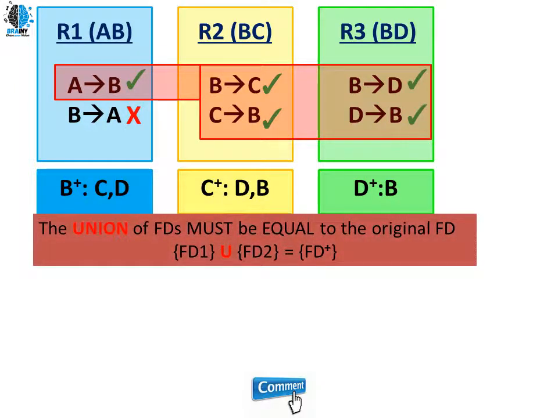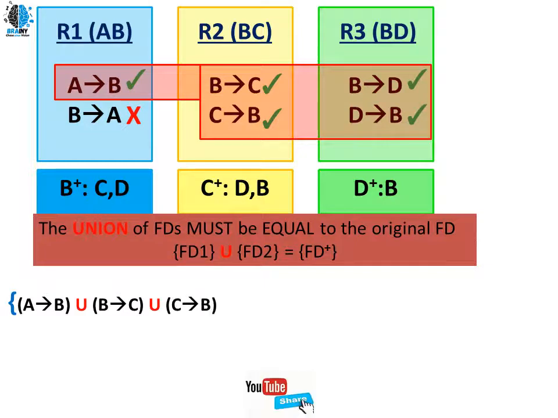So let's see all the functional dependencies of R1, R2 and R3. I'm going to take the union of all these functional dependencies.